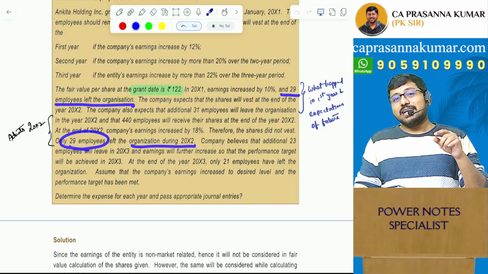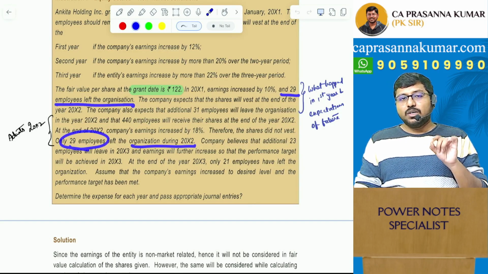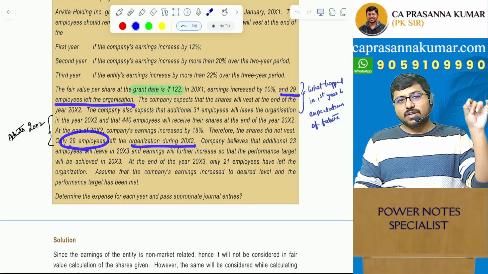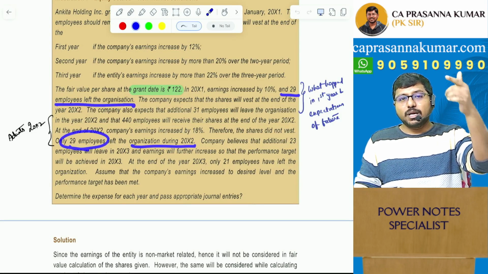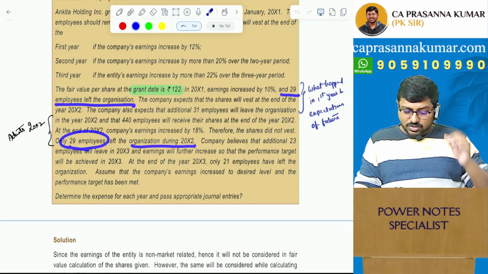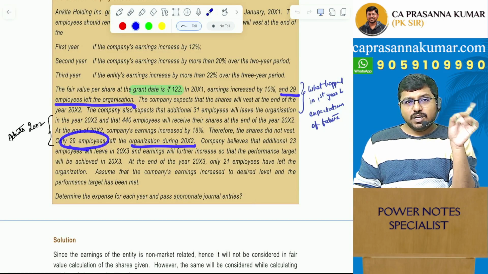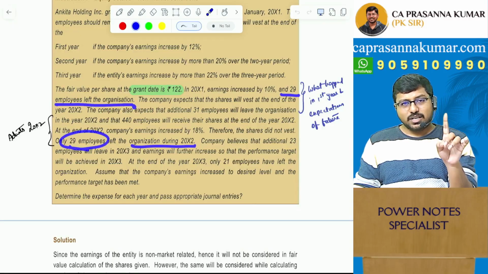Now you are standing at the end of year 2, which means you know the actual number of employees who left in year 1, you know the actual number who left in year 2, and you have to expect how many employees are going to leave in year 3. Why? Because when you were standing at the end of year 1, you thought that options would get vested at the end of year 2.